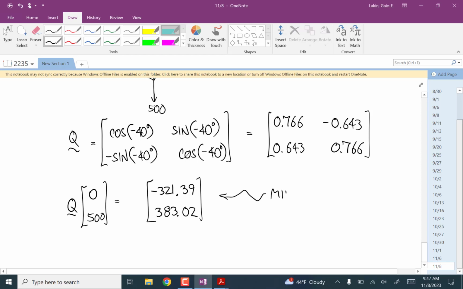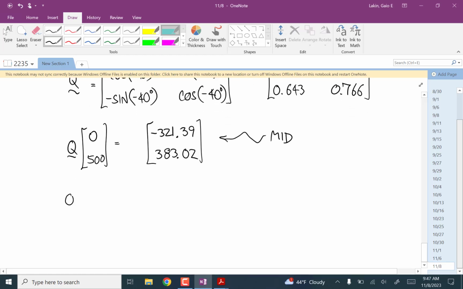That's the one at the midpoint. And if you do that with the other vector, you just get the opposite components. So 321.39, negative 383.02.